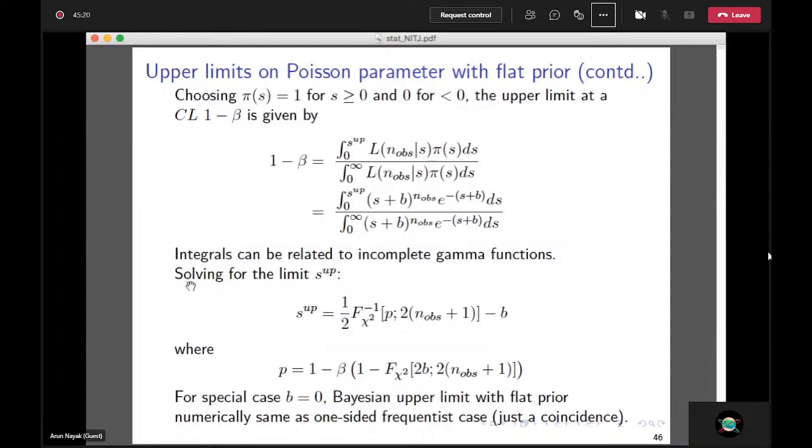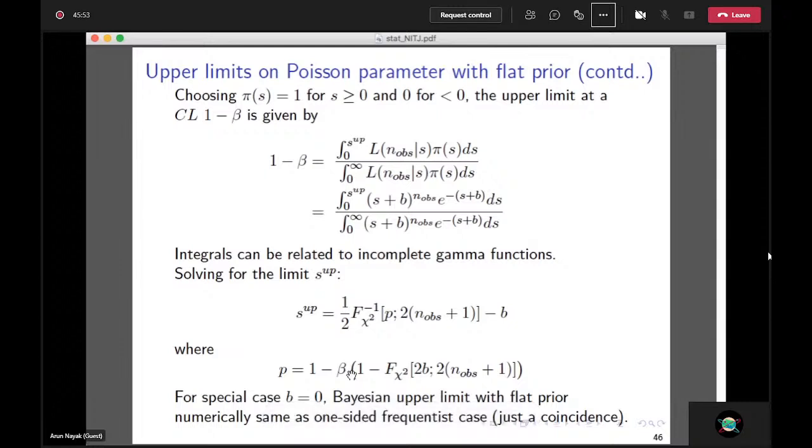One can use those gamma functions and solve for this, and you will end up with a chi-square distribution. So you will get s_up as the inverse of this chi-square quantile of the chi-square distribution with this number of degrees of freedom, and here this value P corresponds to this one here. You will get this kind of expression.